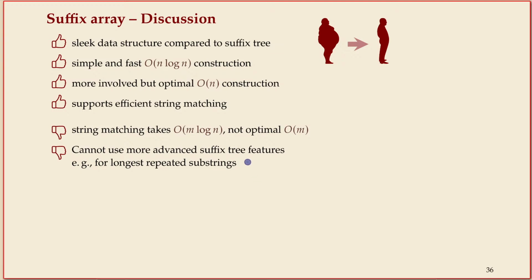And what's more, I tried to show you different applications of suffix trees to prove their versatility. They can be used for many different string problems. And so far, we can't really use that full power. So far, that's a disadvantage of using suffix arrays.